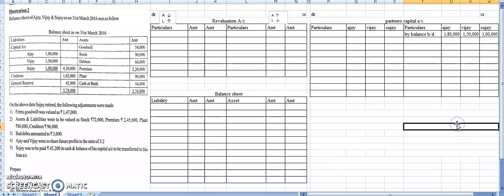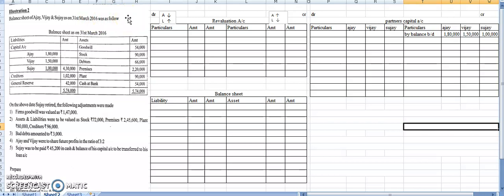After that, for the second step, we will distribute the general reserve in the old ratio. Now if you see in this problem, old ratio is missing. Now old ratio is not given.